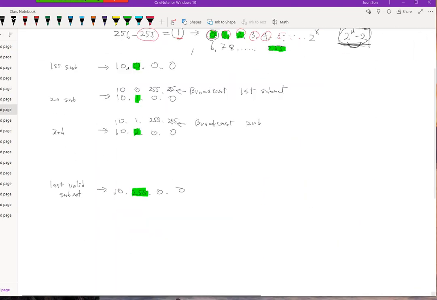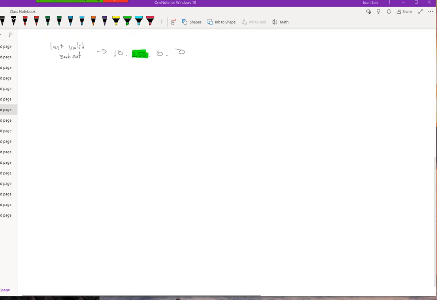And so what is given, let me just write this down. What is given is 10.0.0.0, right?